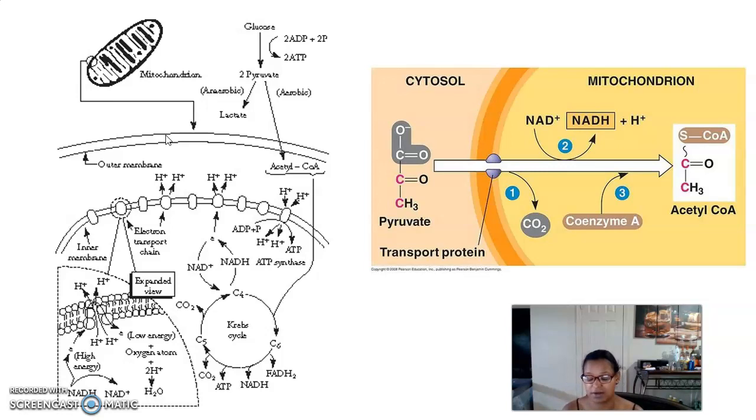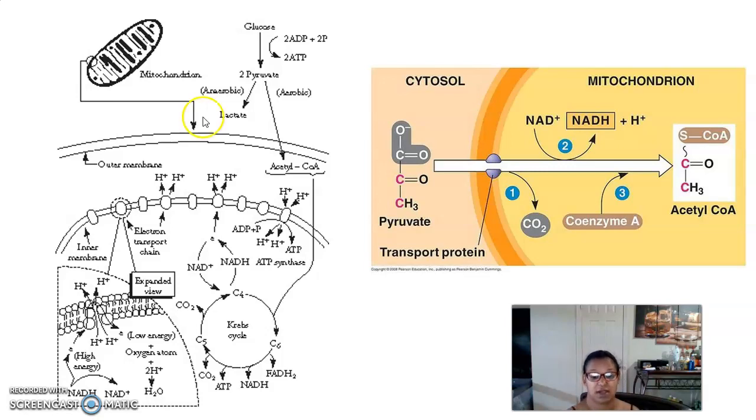Another electron carrier of glycolysis is NADH, which is used in the 3rd stage of cellular respiration.